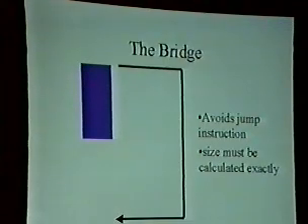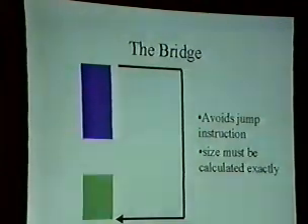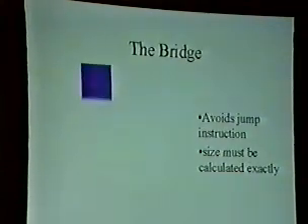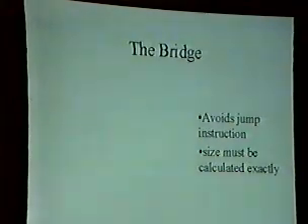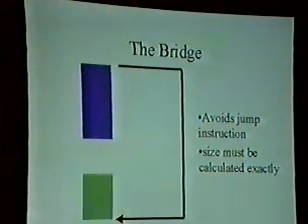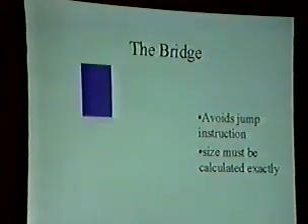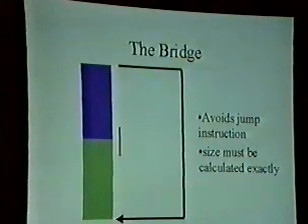Meanwhile, it's pushing those down here, and they're growing up towards us, okay? So as we go down, we're also filling up. And we calculated the size exactly so that when we were done decoding this, we just ran right into our real code and began executing. That was the backwards bridge. The source code to this is available on caesarschallenge.org.